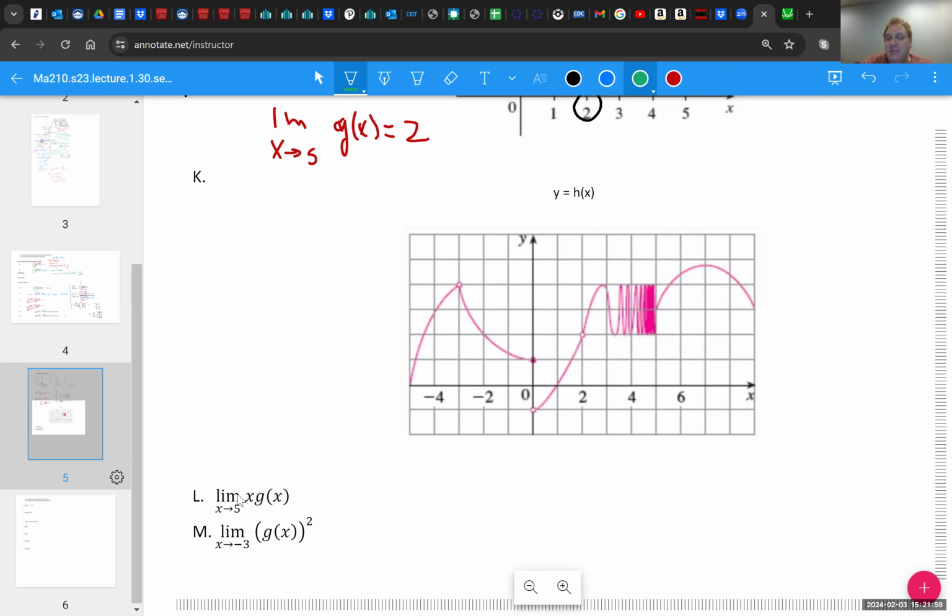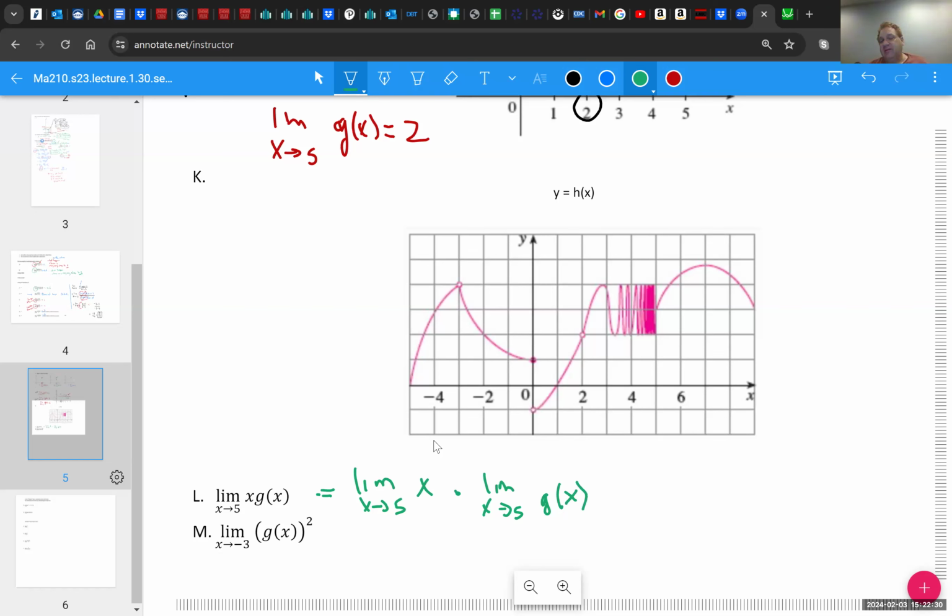That would be the same thing as x approaching 5 for the first thing, and x approaching 5 for the second thing. So the way we write this is the limit as x approaches 5 of the first part, x, times the limit as x approaches 5 of the second part, g(x).